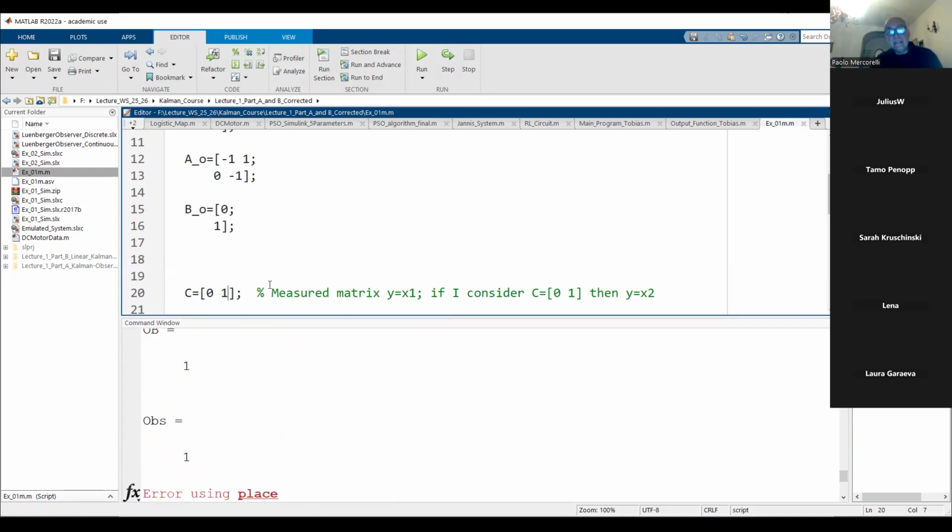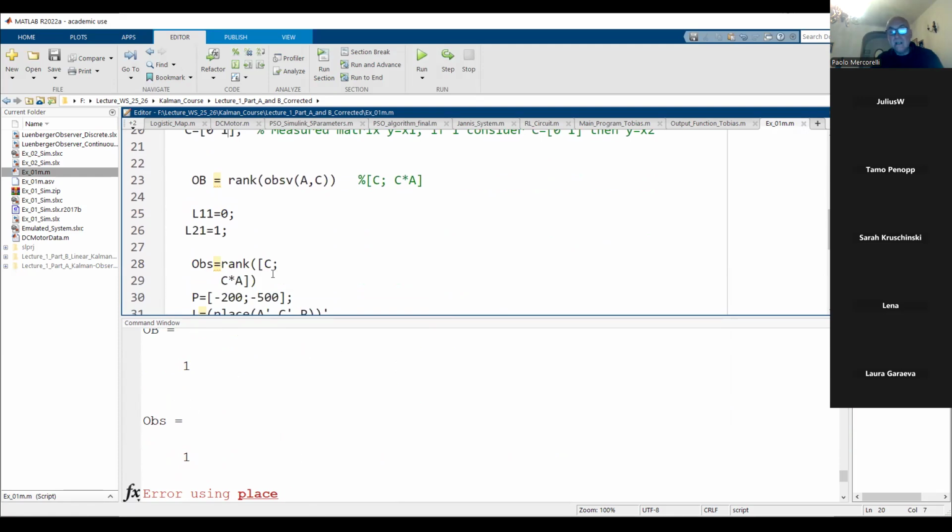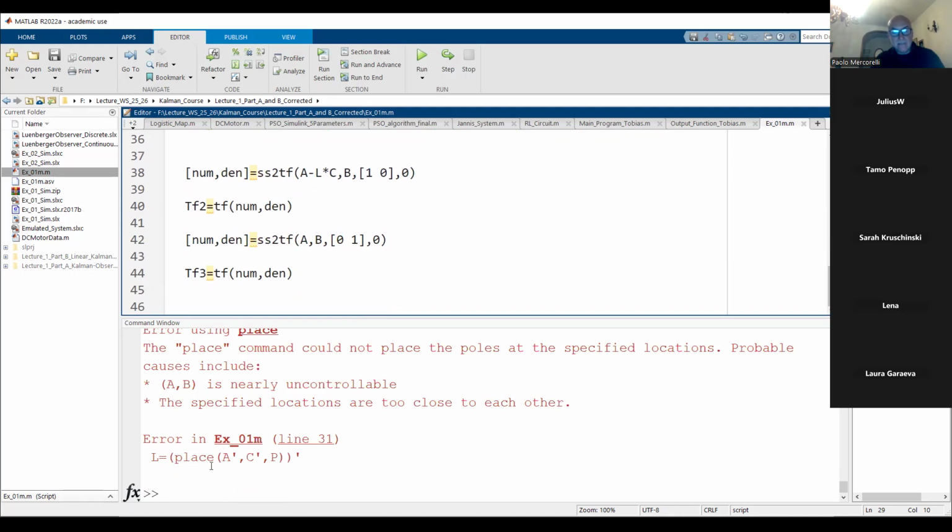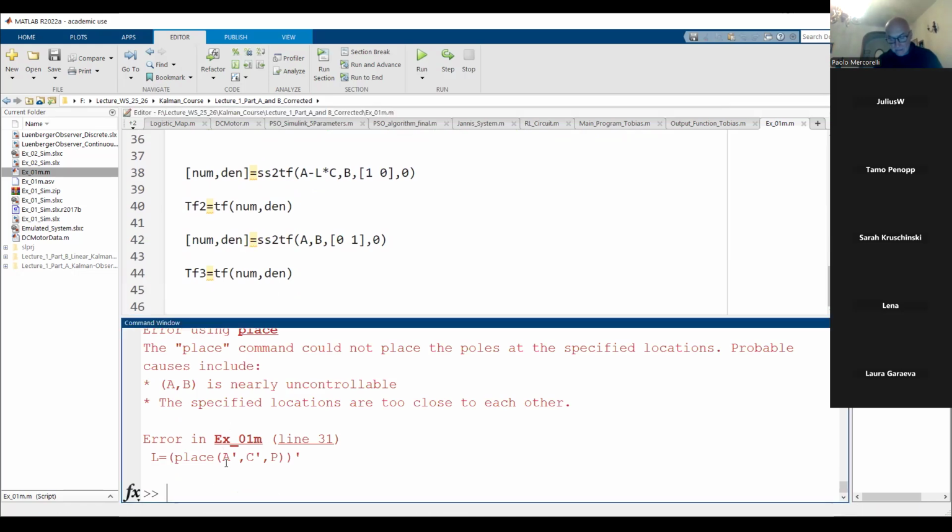And we have two different ways to calculate the rank: here directly with MATLAB, and here manually using the definition. I mean, this obsv has two arguments, A and C. If you look at help obsv, we can clarify what this command means.